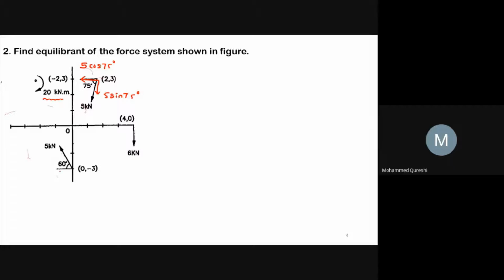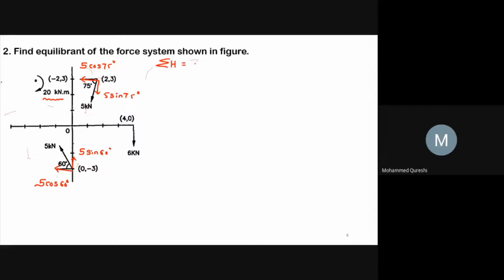Here also it makes an angle 60 degree. So first component will be 5 cos 60 degree and your second component will be 5 sine 60 degree. We had just resolved the figure, so it will be beneficial for us while calculating the value of sigma h and sigma v. Now we will go for sigma h.